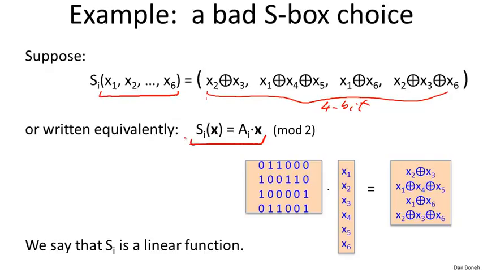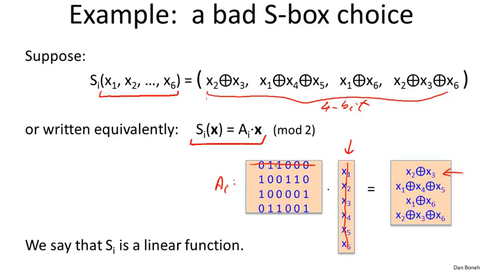vector product. So here you have the matrix A and the vector, the 6-bit vector x. And you can see that if we write this matrix vector product, basically we take the inner product of this vector with the input vector. Remember, these are all bits. So the 6-bit vector, inner product, another 6-bit vector, and we do that modulo 2, you realize basically what we're computing is x2 XOR x3.